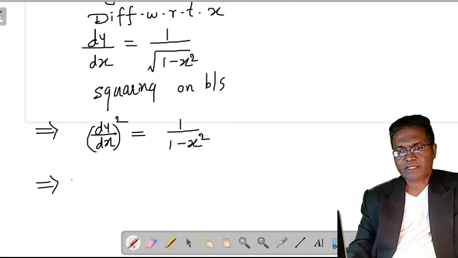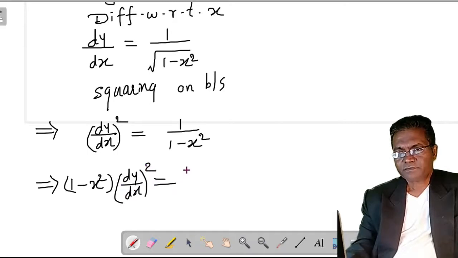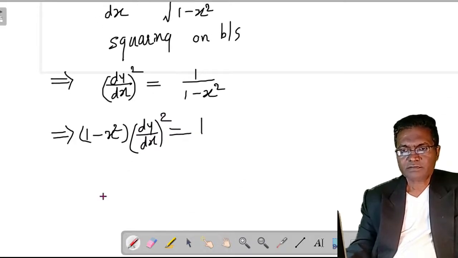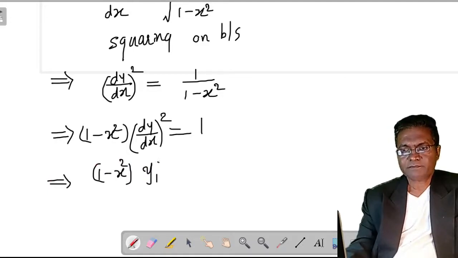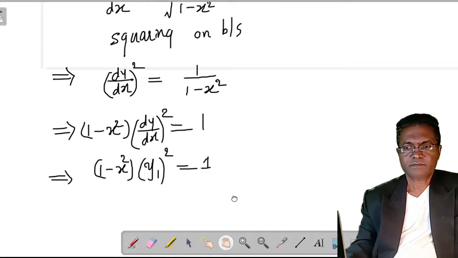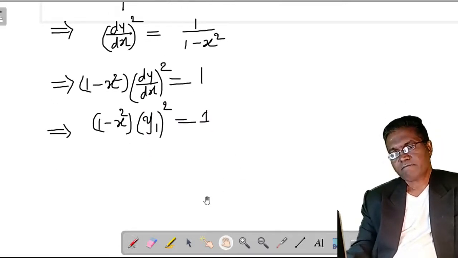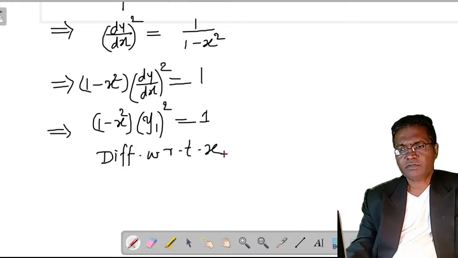So you can bring this side: 1 minus x square into dy by dx whole square equals to 1. Or I can write for better understanding, to avoid confusion, dy by dx means y1, whole square equals to 1. Now differentiate with respect to x.